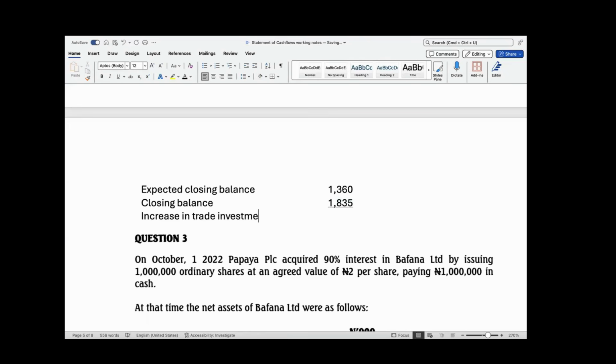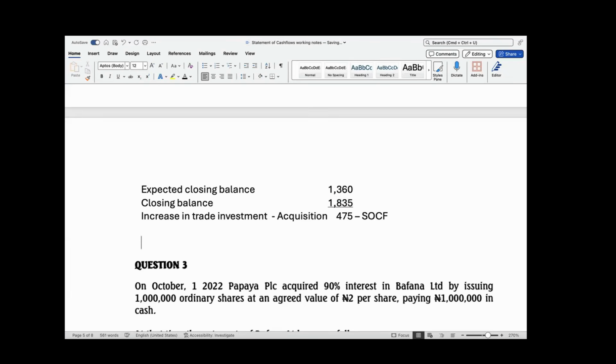Again, when there's an increase in assets, do you know what it is? Acquisition. So how much is that? 475. It goes to my what? Statement of cash flows under investing.